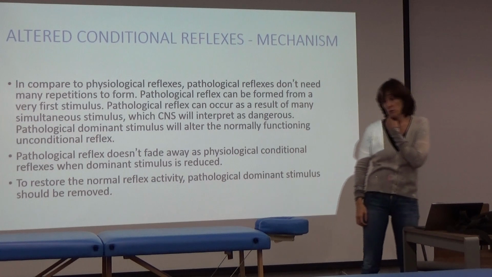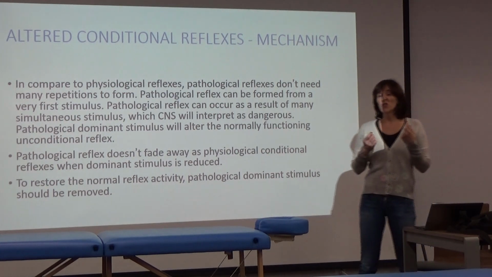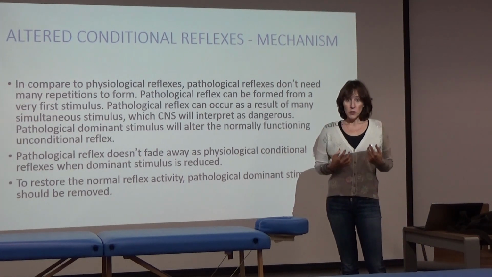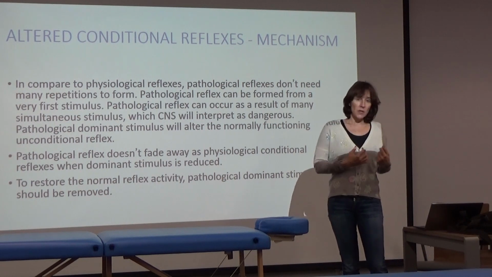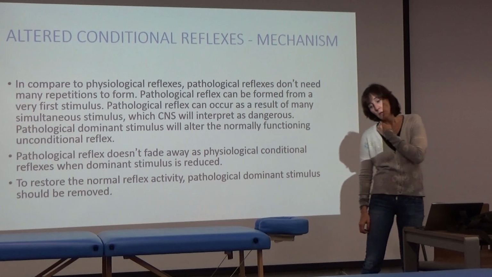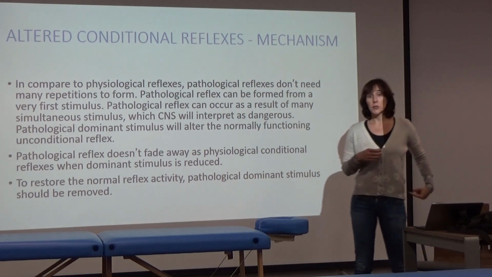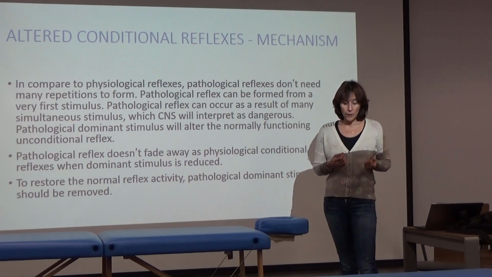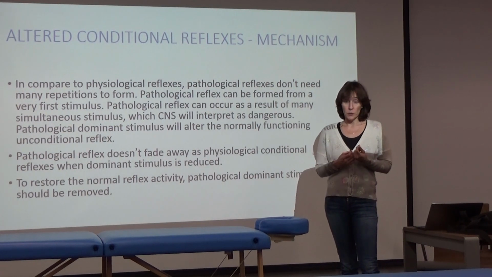For example, I have a dangerous stimulus coming from that vector. Normally, I would withdraw like that. To withdraw, I need special muscle groups, and some muscles are going to be shortened and contracted, and some muscles are going to be relaxed to allow me to make a certain movement.